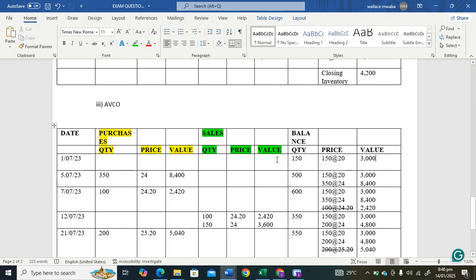So where it's going to change is now when we have purchases. Okay. On the 5th of July 2023, we purchased 350 goods at 24 kwacha, valued at 8,400. So this is how we're going to do it here.